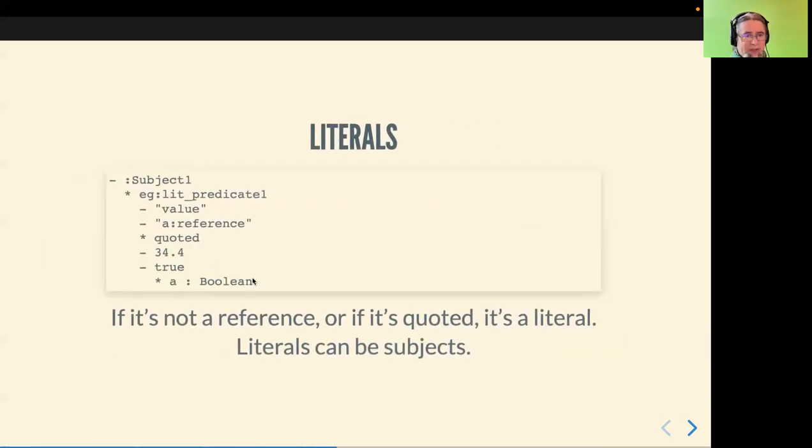And of course, there's literals, which are basically anything that doesn't have a colon or angle brackets as a full URL. So I know it's not a reference, so I guess it's a literal, or anything quoted. So if I have something that contains a colon or angle brackets, I want to quote it.